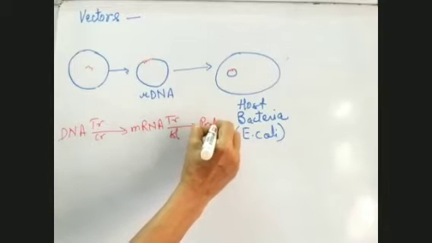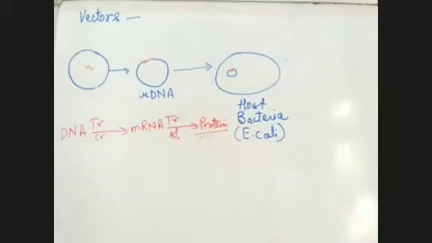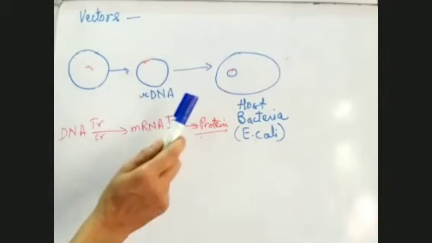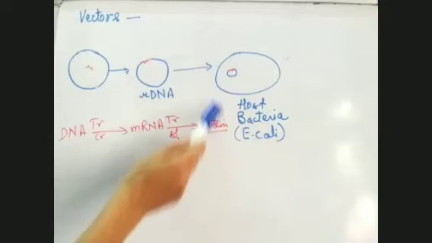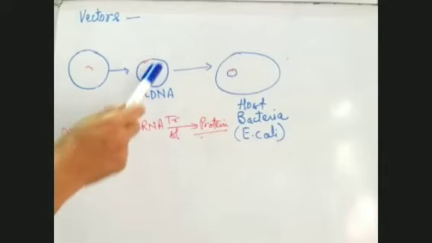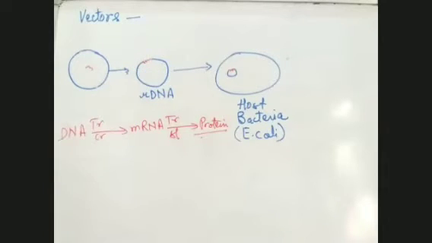So we can get any amount of protein which we want, let it be any antibiotic, let it be any vaccine, whatever. So we can get it in large number. When this bacteria divides, the desired gene will also divide, and ultimately the product formed will also increase in number. So this is what the process is all about. So today we are going to study about the vectors.